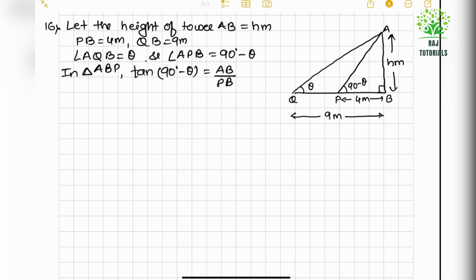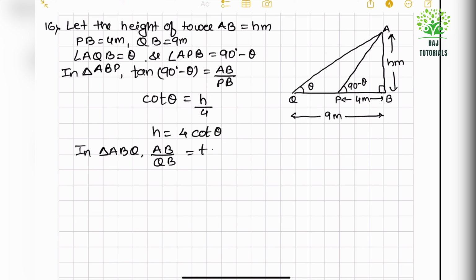So here in triangle ABP, tan 90 minus theta will be equal to AB upon PB. So tan 90 minus theta means cot theta equal to h by 4. So h equal to 4 cot theta.